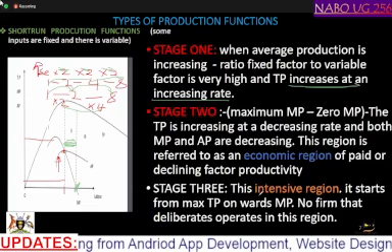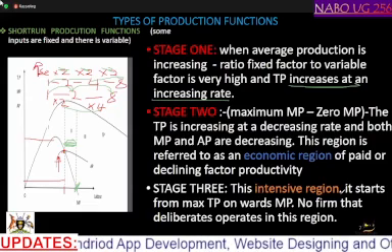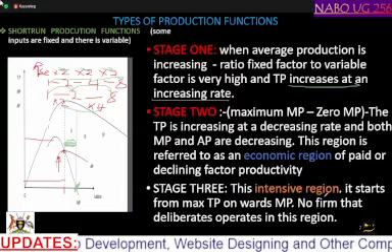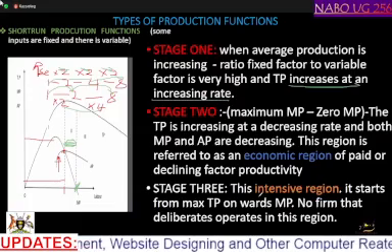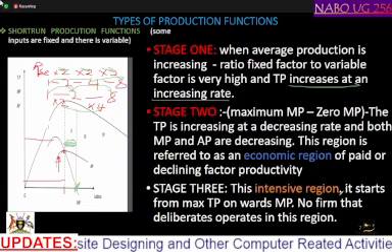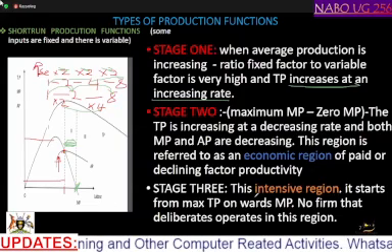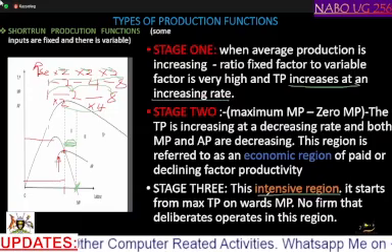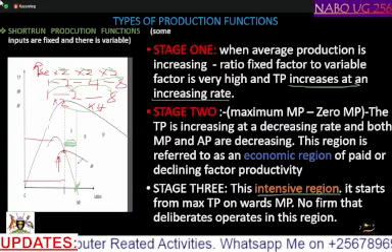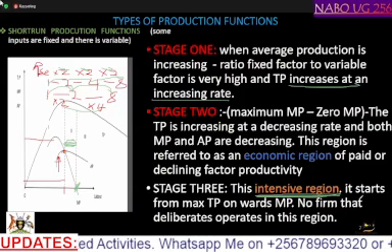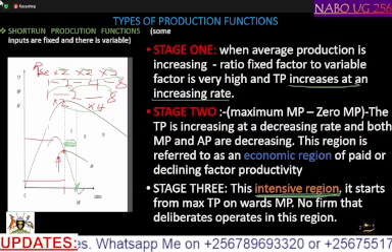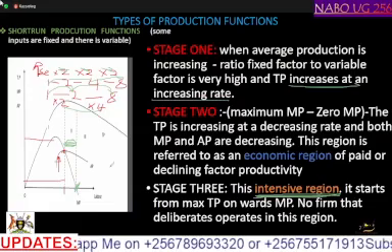And stage 3 is where the fixed factor is now overutilized and there is more of the variable factor. Okay, and no one would wish to operate in this region. Why?